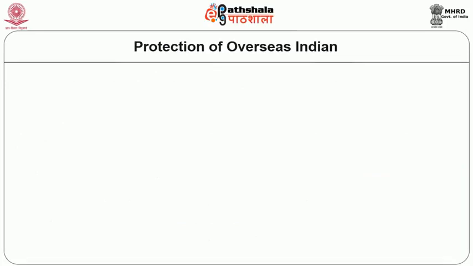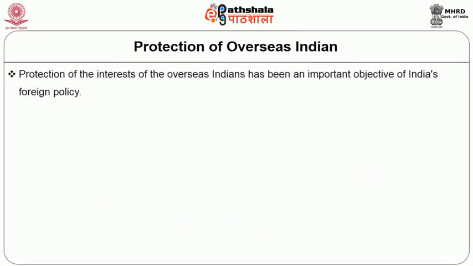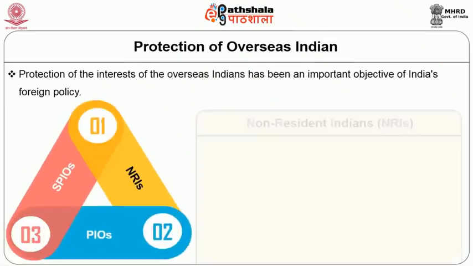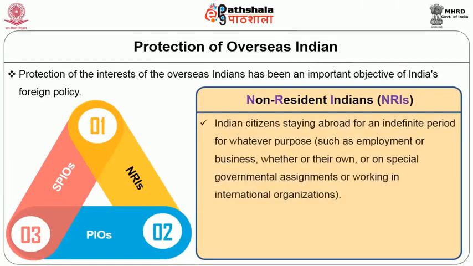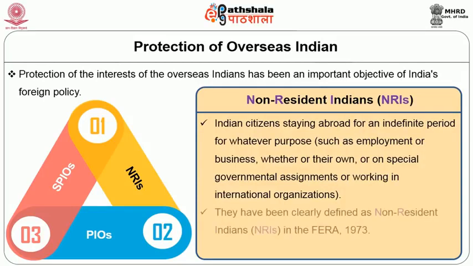Protection of overseas Indians. Protection of the interests of overseas Indians has been an important objective of India's foreign policy. Basically, overseas Indians could be categorized into three groups. Number one, Indian citizens staying abroad for an indefinite period for whatever purpose, such as employment or business, whether on their own or on special governmental assignments or working in international organizations.